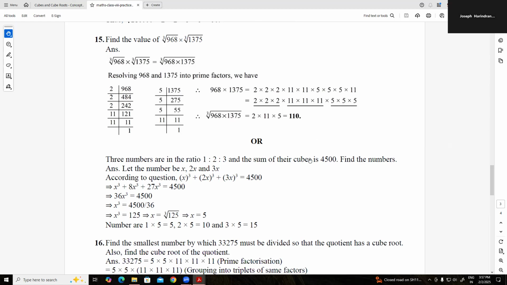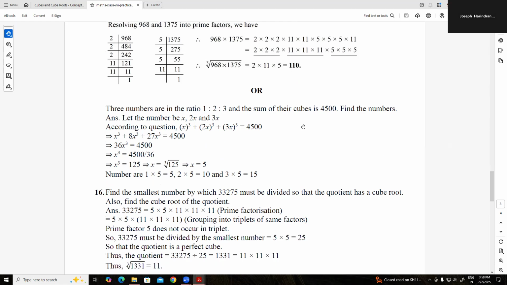It is quite easy. You have to take the triplets, 1 for each triplet. For an easy way, you can just underline these things. See, 5 into 10. You can group the 11s together and then take the cube root. That's all.